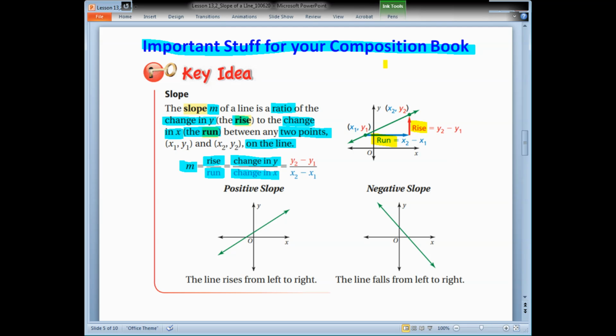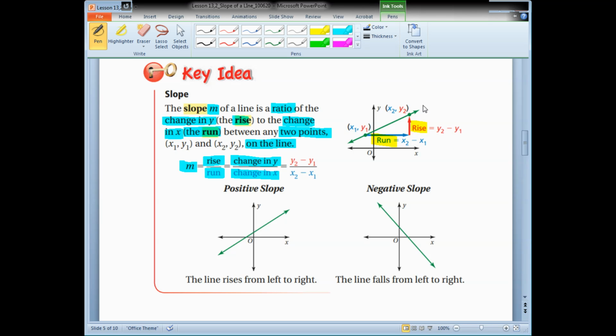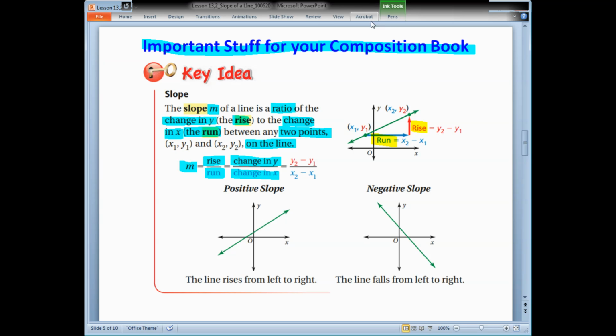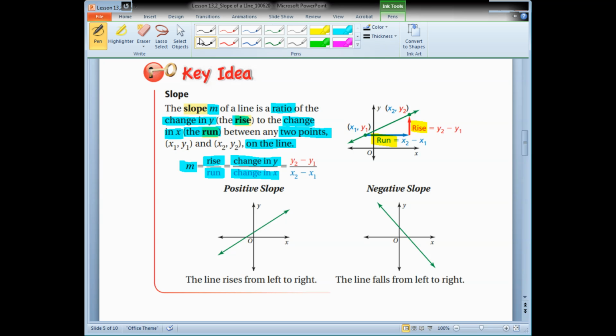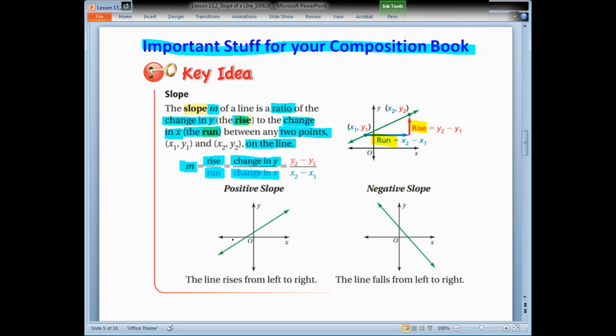Let's talk about positive and negative slopes. Okay, so positive slope, notice that the line rises from the left to the right. If I pick a point here, and I pick a point here, think about it.